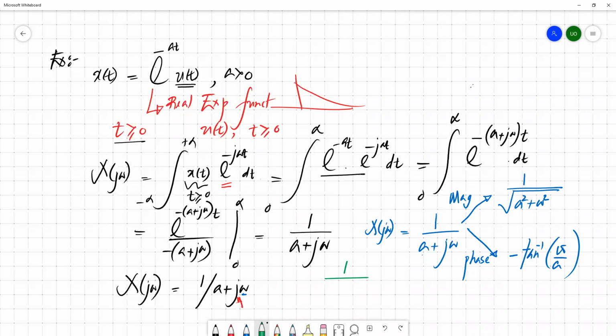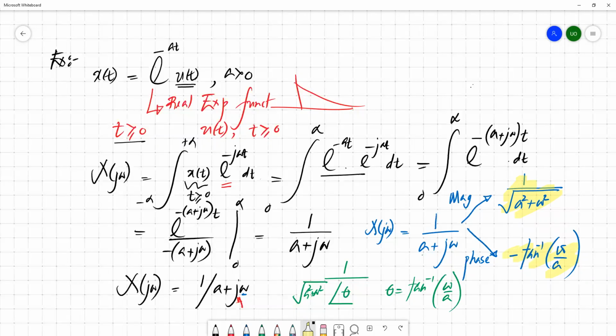So this becomes the square root of a squared plus omega squared, and the angle theta, where this is cos theta plus j sine theta. So this is tan inverse omega over a. Once you bring this theta to the numerator, it becomes minus. So this is the magnitude spectrum, and this is the phase spectrum.